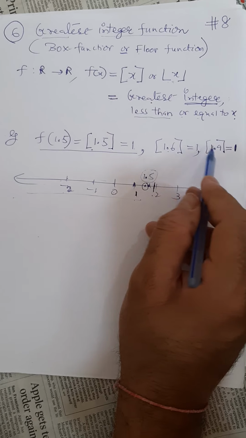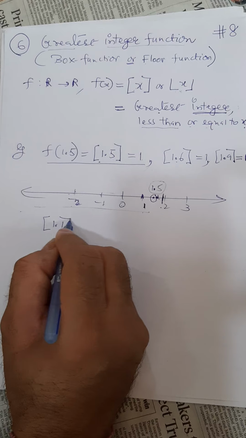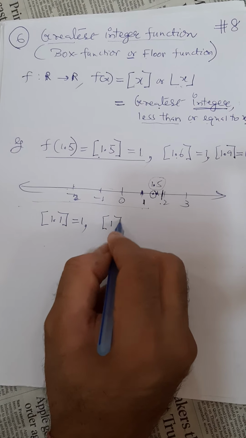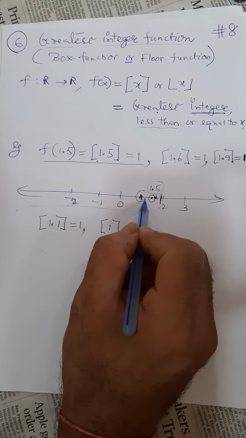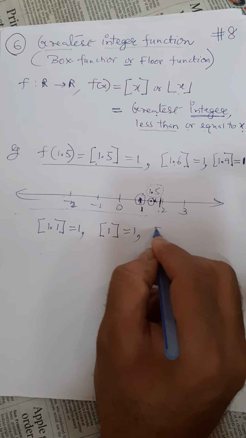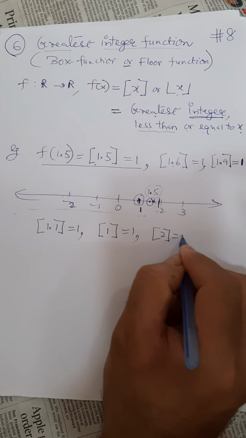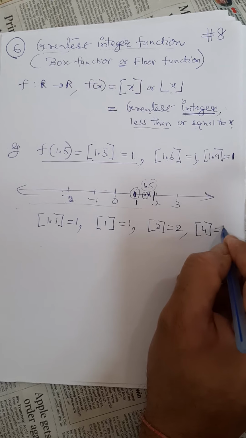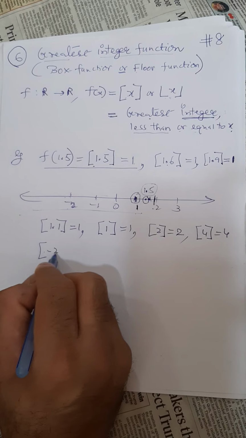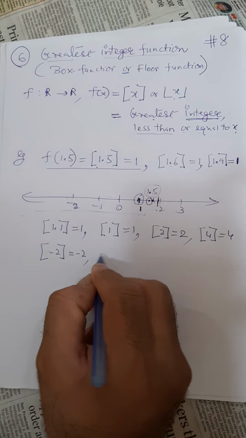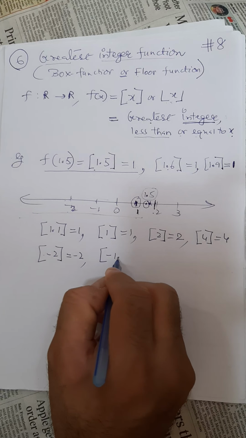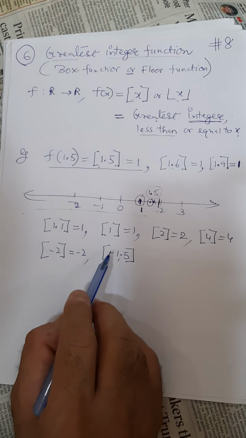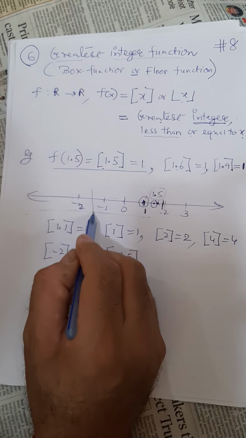Even if I write box of 1.1, naturally it is 1. But if I write box of 1, now 1 itself is an integer, so the answer will be 1. If I write box of 2, 2 itself is an integer, so the answer is 2. If I write box of 4, obviously it would be 4. If I write box of -2, being an integer, the value will be -2. If I write -1.5, now you see what happens. This is not an integer, it's a fractional value. Where is -1.5? I suppose here.